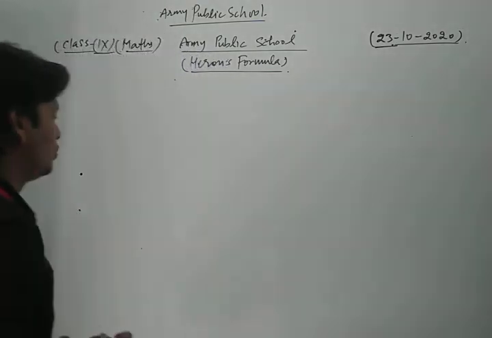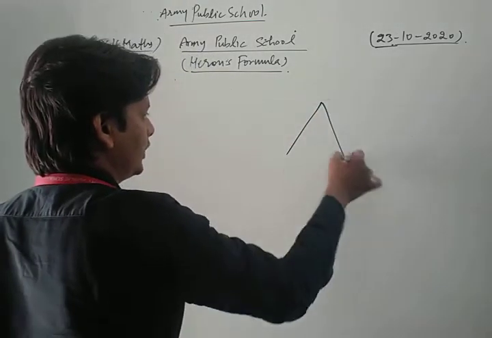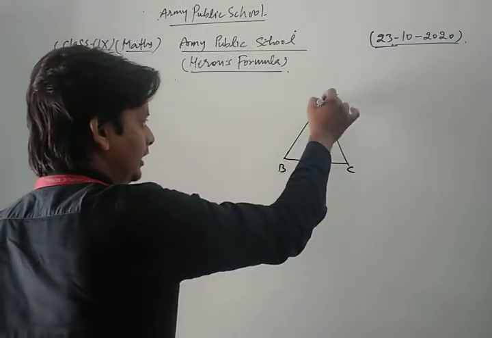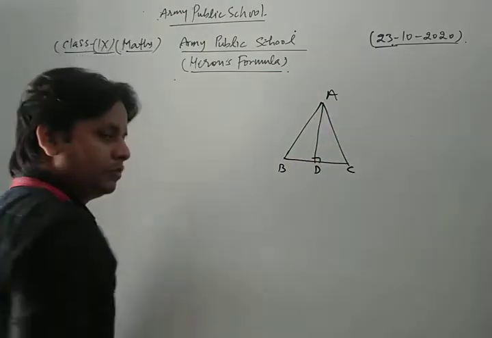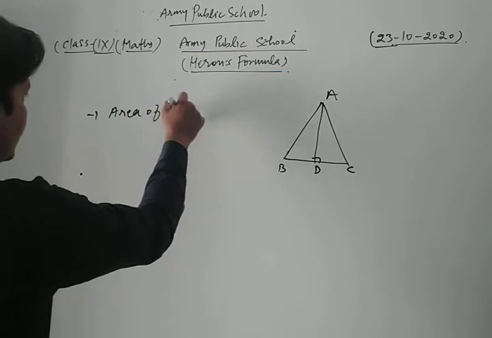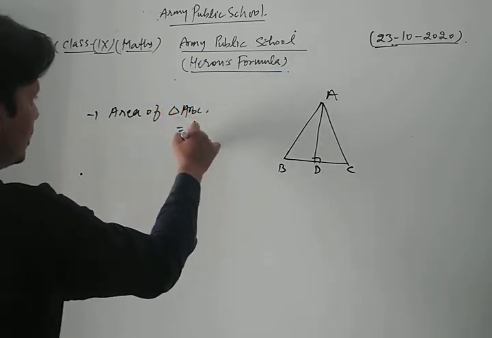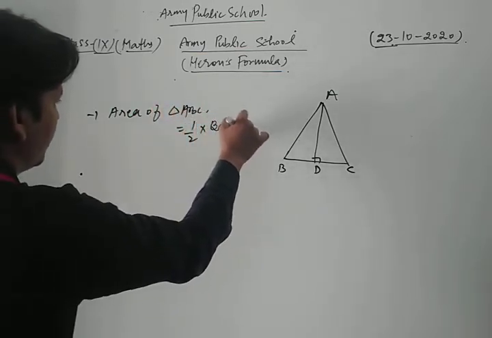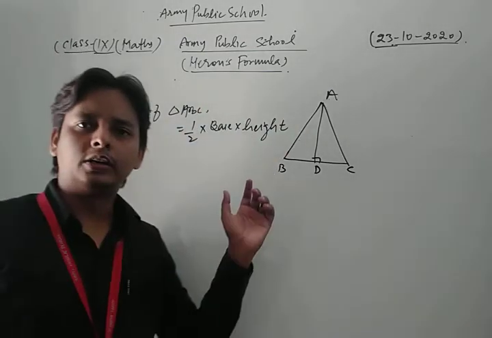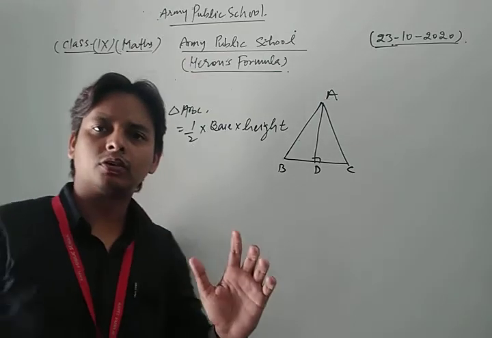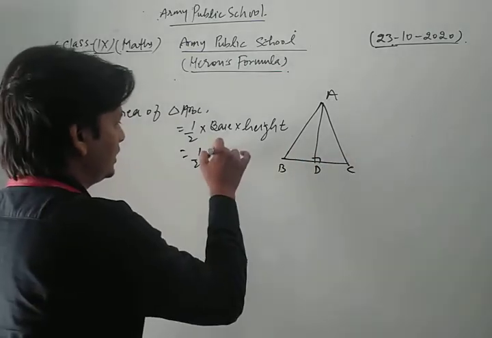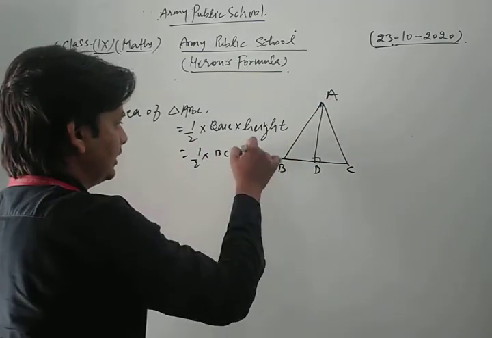Dear students, you know the basic formula for the area of a triangle. Suppose ABC is a triangle and AD is perpendicular to BC. Then the area of triangle ABC is 1 upon 2 into base into height, where the base is BC and the height is AD.